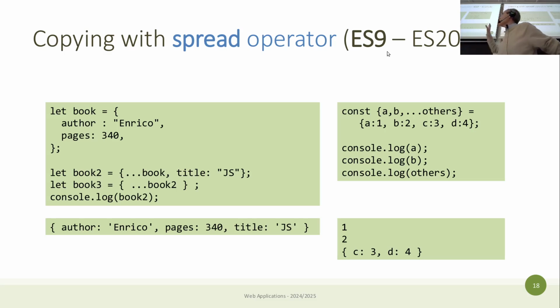I just pointed it out because sometimes you will have to use only ES6 syntax, so I would like to point out that this is not ES6 syntax. But for our purposes, the Node.js environment supports the latest version of JavaScript, so it supports the spread operator for objects.